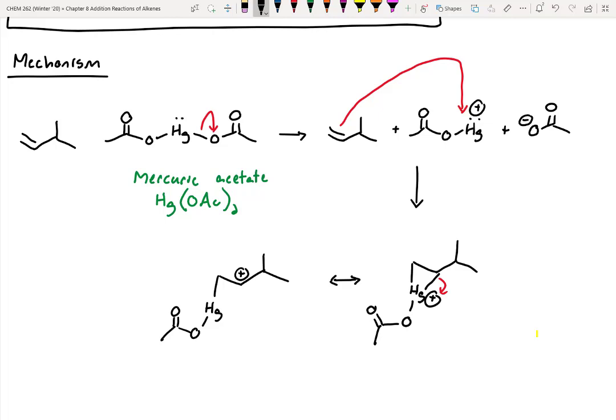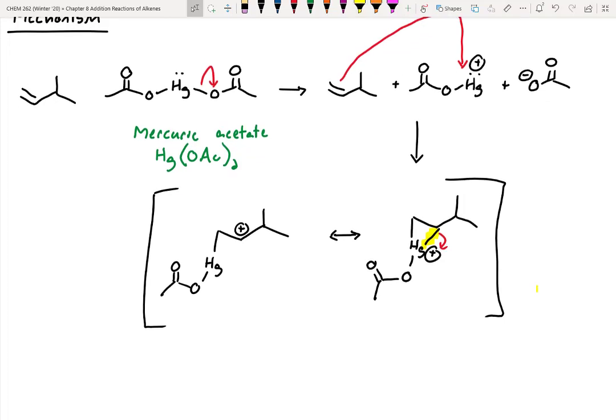All right, if we do that, we've got this weird resonance structure where this bond between mercury and the central carbon is so weak, it's kind of halfway bonded, halfway not bonded. So let's think about the hybrid structure here. So I'm going to draw the hybrid over here.